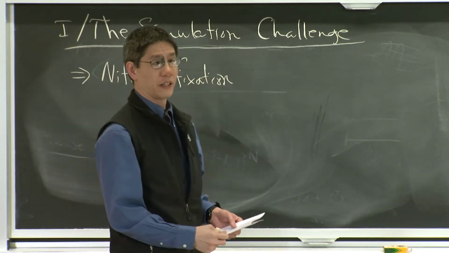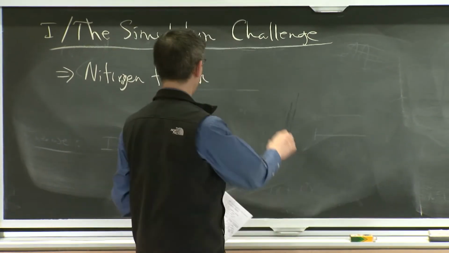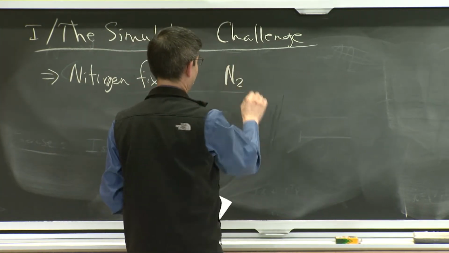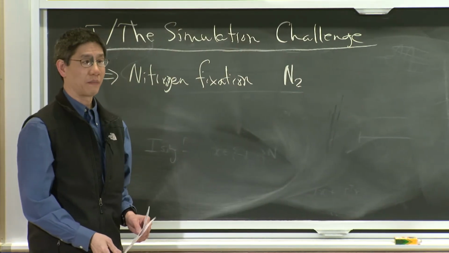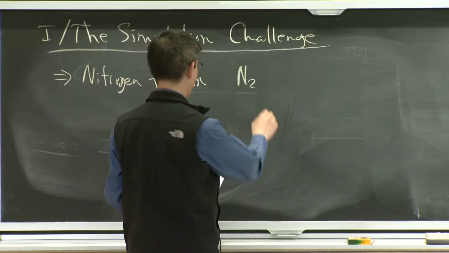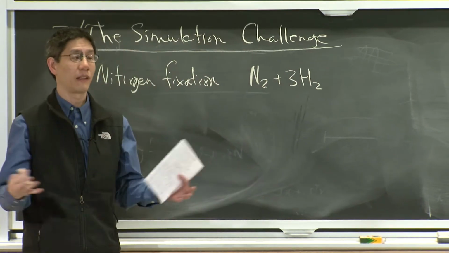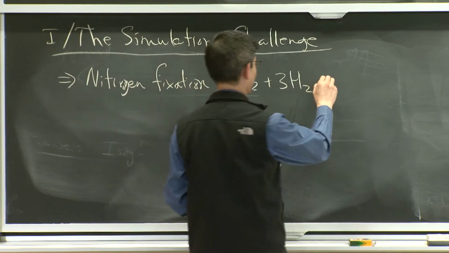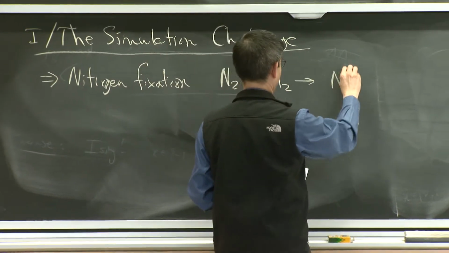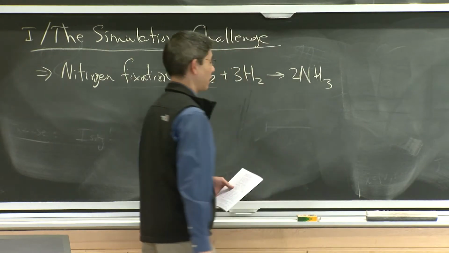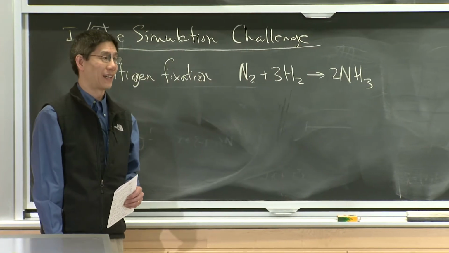Nitrogen fixation is a process that happens in nature that involves taking gaseous nitrogen from the atmosphere and then combining that with protons, typically from water, and then producing as a result of this 2 molecules of ammonia.